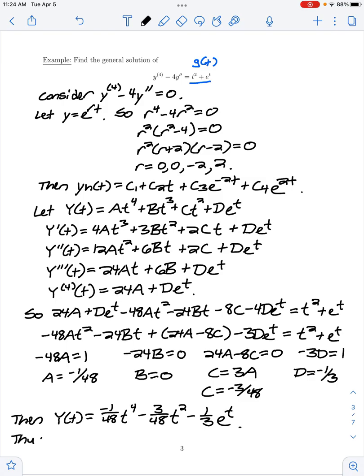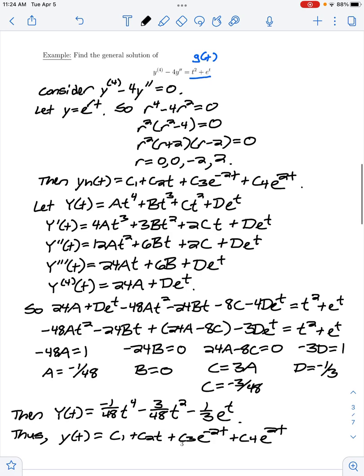And so for our general solution of this non-homogeneous equation, we have our homogeneous solution, C1 plus C2t plus C3 e to the negative 2t plus C4 e to the positive 2t. And then we add our particular solution, which was the negative 1 over 48 t to the fourth minus 3 over 48 t squared minus 1/3 e to the t.